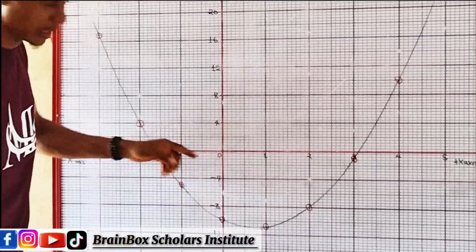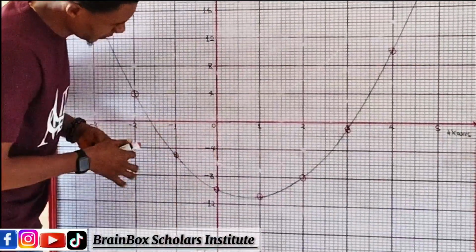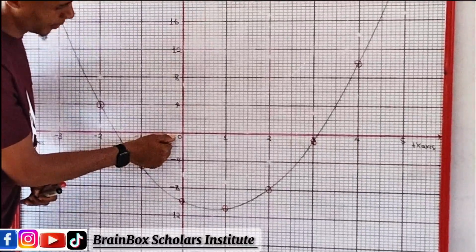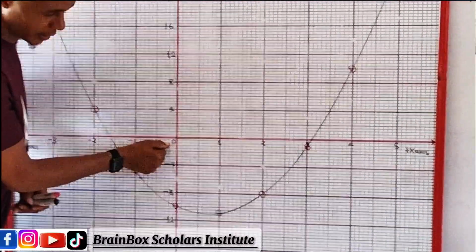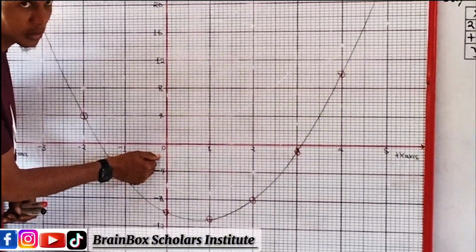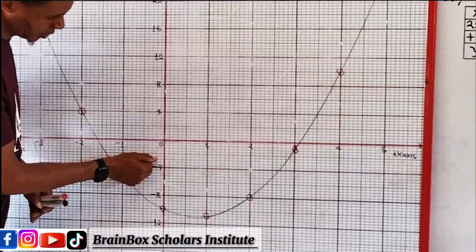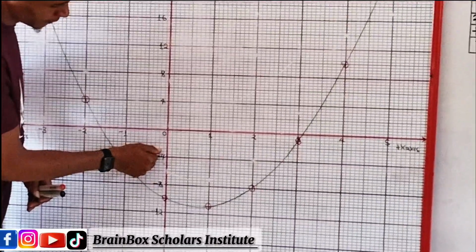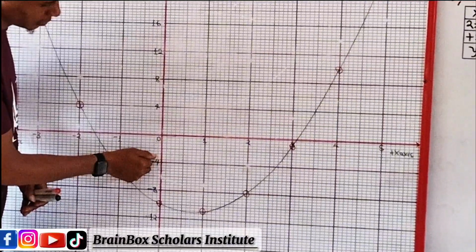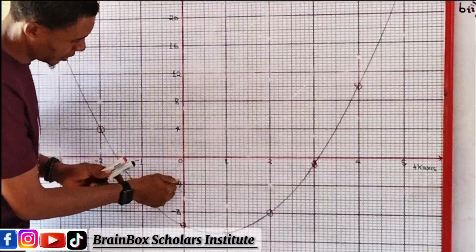So let me find 3 here. Here is 0. First one is 0.4, 0.8, 1.2, 1.6, 2, we begin 2.4, 2.8, 3.2. So you see, between 2.8 and 3.2 is where I have 3. So I'll put my point here.